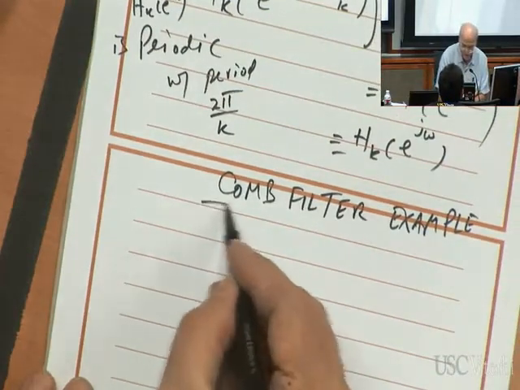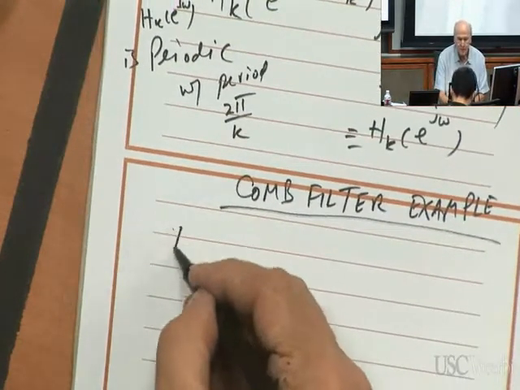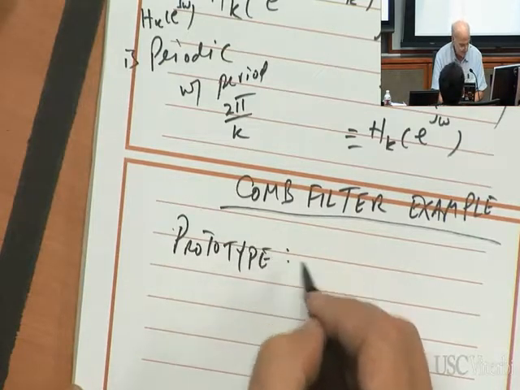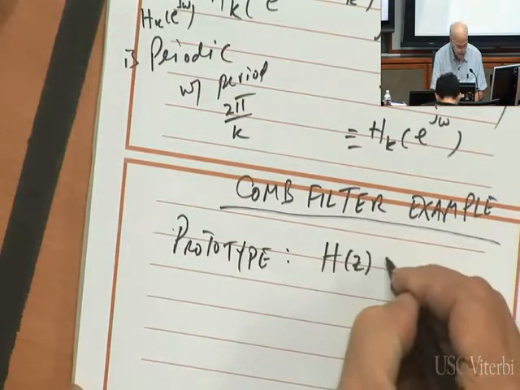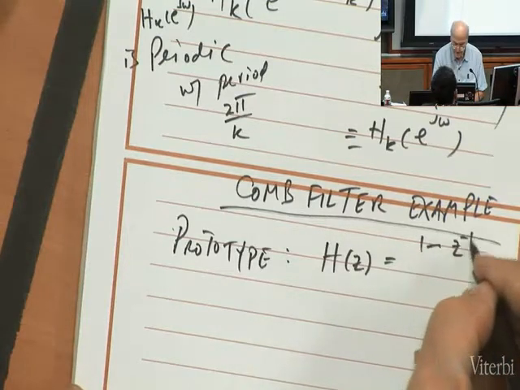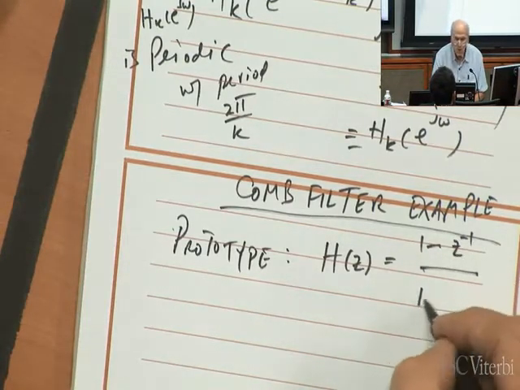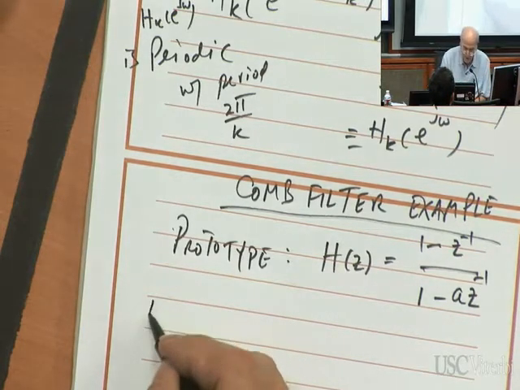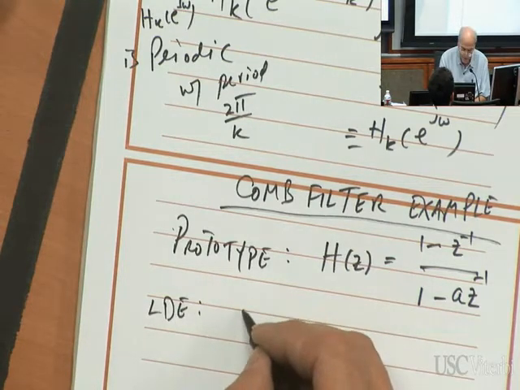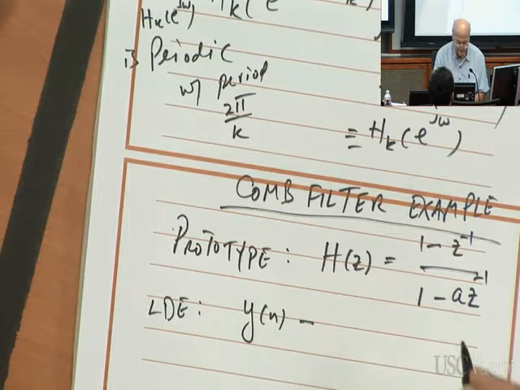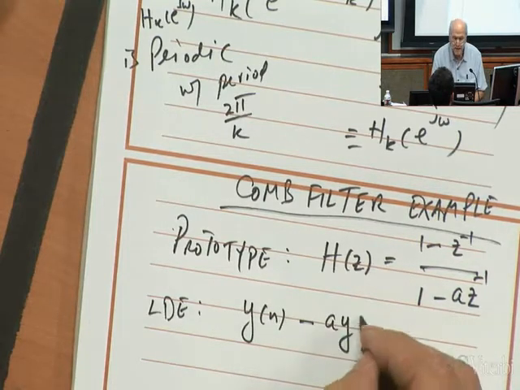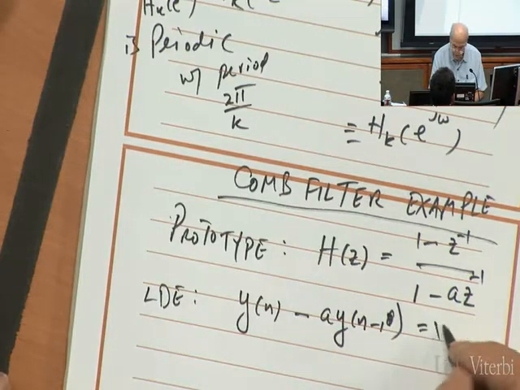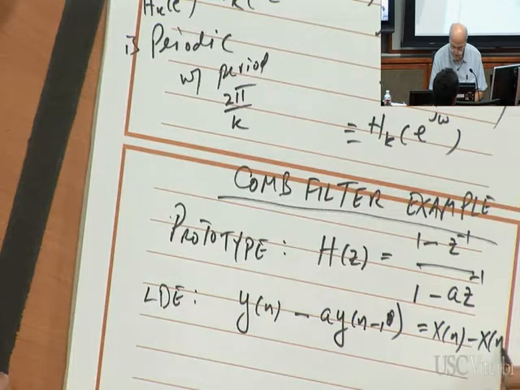And you can use this in your class project. And you should, actually. So here is the prototype. This is just the example I just talked about, but I'm going to fill in some more detail. h of z equals 1 minus z inverse divided by 1 minus a z inverse, the same one we did, so y of n minus a y of n minus 1 is equal to x of n minus x of n minus 1.